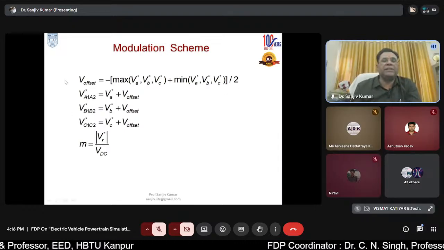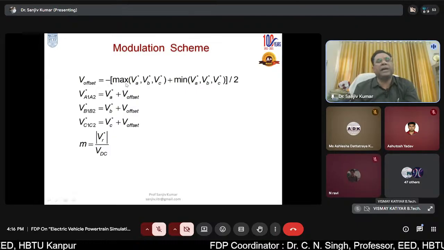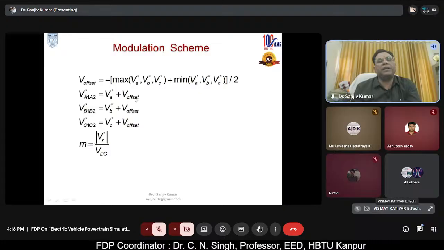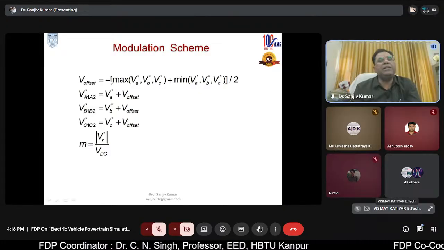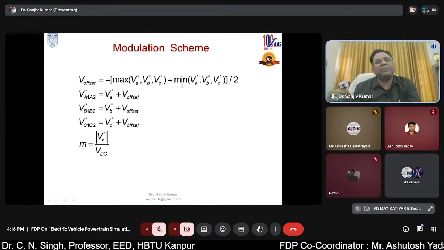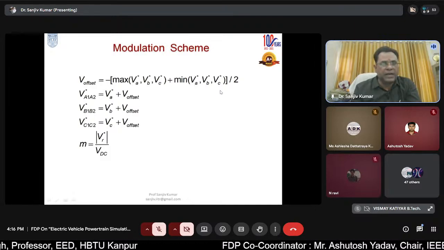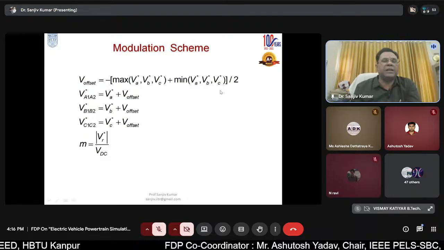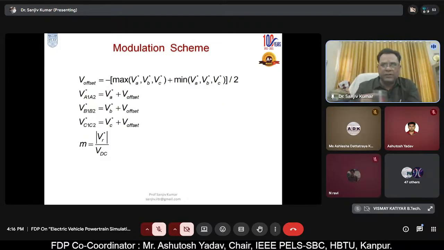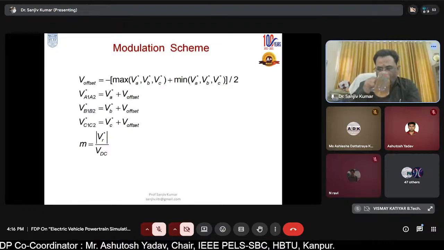How do we generate this reference signal? That reference signal is generated by adding an offset. And what is the offset value? The offset value is minus of the maximum of VA, VB, VC star plus the minimum of VA, VB, VC star. These VA star, VB star, VC star are the three sinusoidal waveforms which are 120 degrees apart.